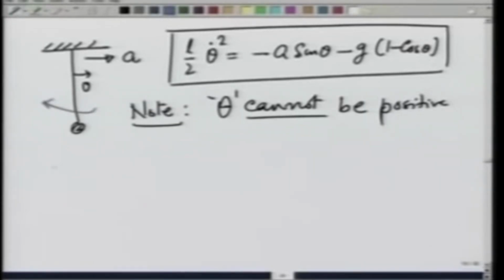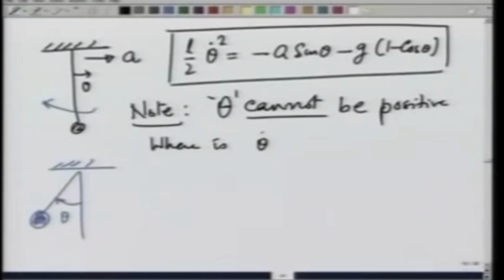So, after some time, its position would be something like this. It would have swung in theta negative direction. And where does it stop? So, question we ask, where is theta dot square 0?